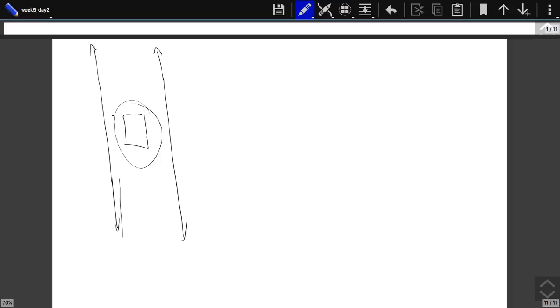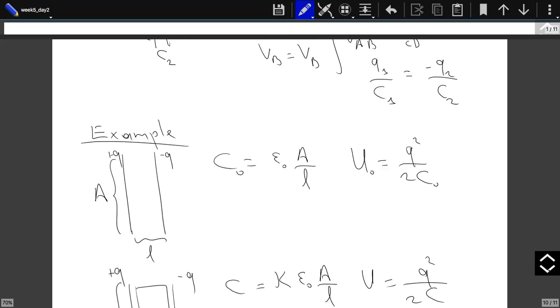You will calculate this one. What do you mean? You have the capacitor, you have the dielectric, and bring the plates. And one plate and bring the other plate. Okay. So, what's the question? Calculate that one. Calculate the?